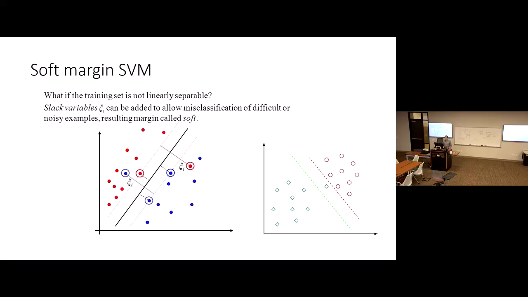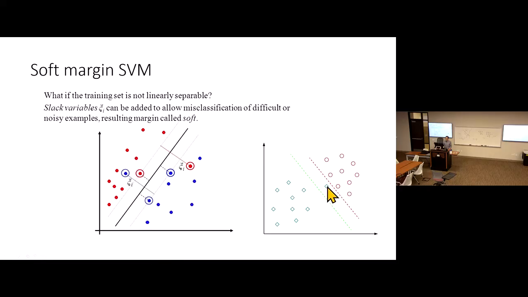Well, the problem is that not every single case will have this perfect separation. Sometimes you have these blue points cross the boundary, jump into the red points group. Well, you still have this good support vector, but you have to take this as an outlier and consider it as an error or noise. You want to use some kind of soft margin in order to get rid of those noise.